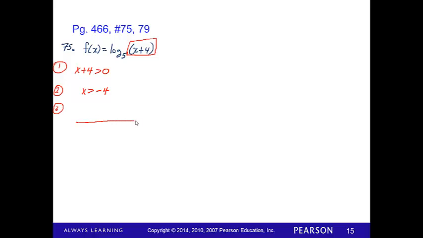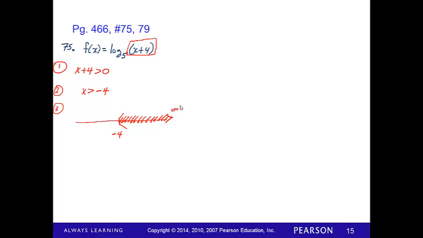Now I'm going to put this on a number line. So we have negative 4 on our number line. It says greater than negative 4, so we know we're going to use the parentheses because we're not including it. And it's going to face the right because we're greater than. And then shade, put an arrow.